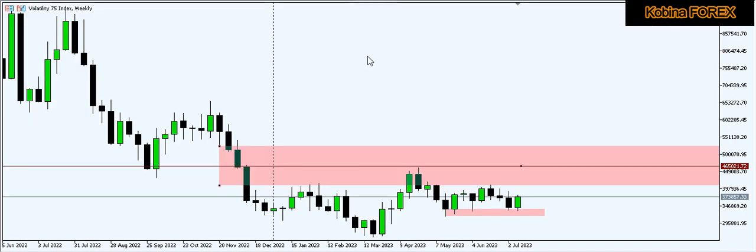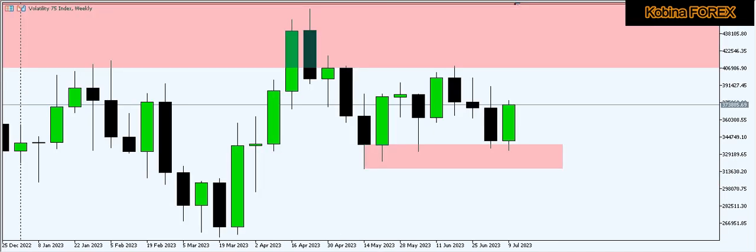All right, now let's see our target. Should price trade above this high, our target should be price coming to take down this high, and then it will rally up.